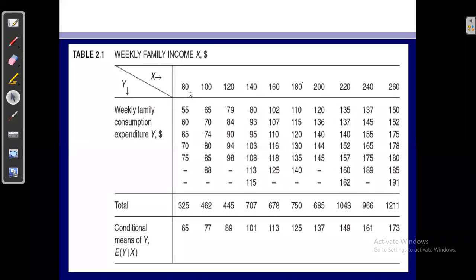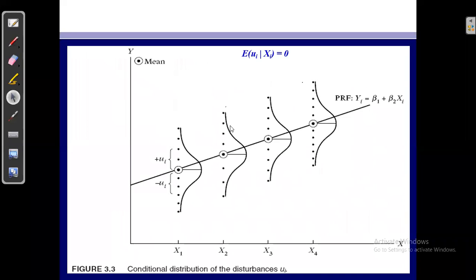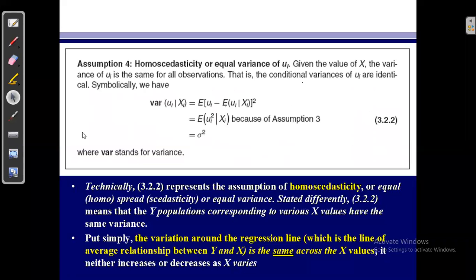So as the x values increase from 80 to further higher numbers, the variance of the disturbance term would not change. Later on, we would see that there are many practical examples in real life where this assumption would be violated, which means where this variance would not be constant.